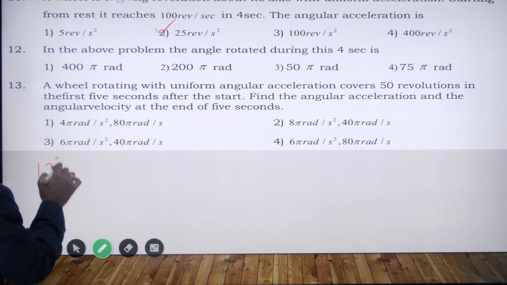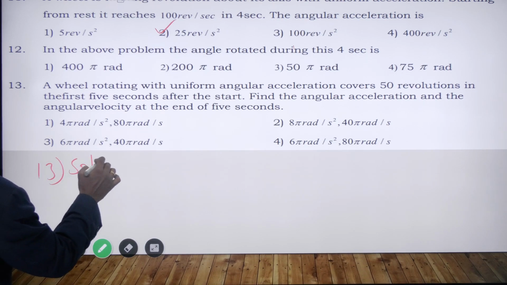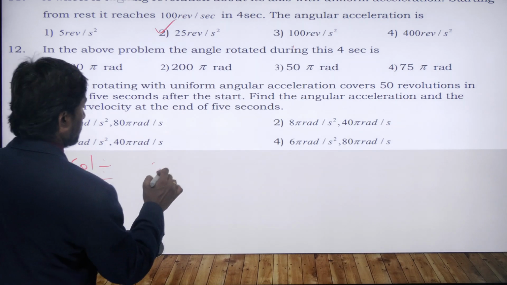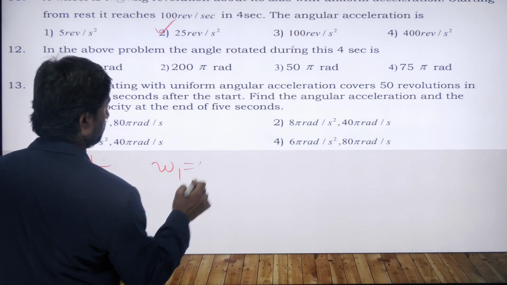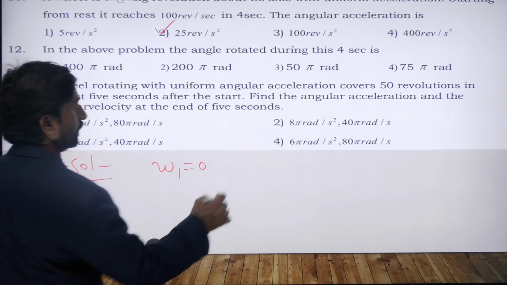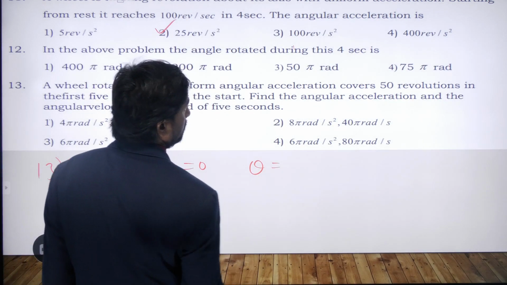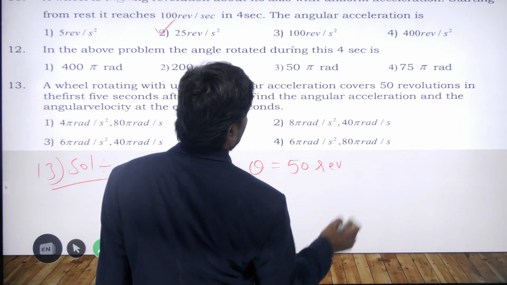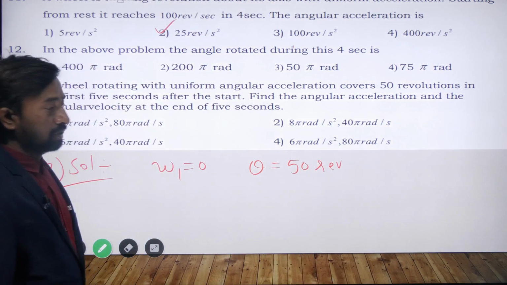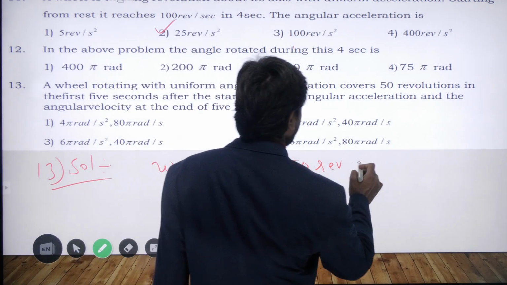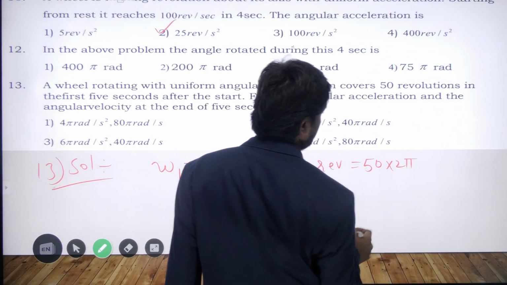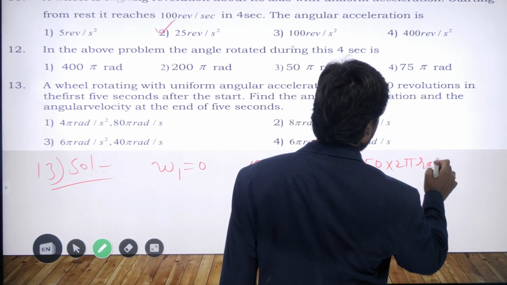So the 13th solution. The wheel is rotating, it started from rest. After start means omega 1 is equal to 0 here, and it covers 50 revolutions. 50 revolutions in terms of radians is 50 into 2 pi, that means 100 pi radians will get there.